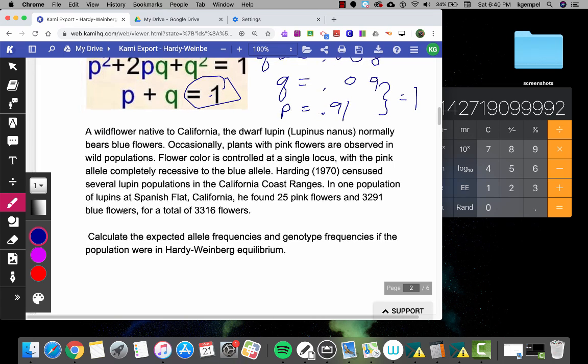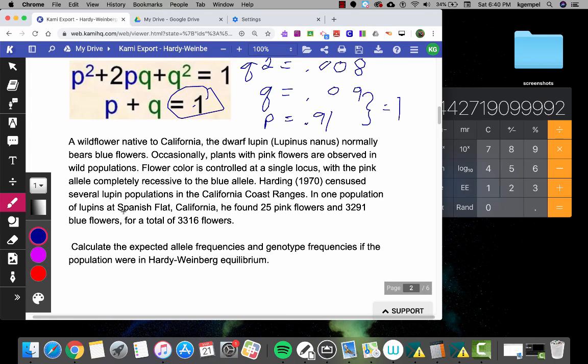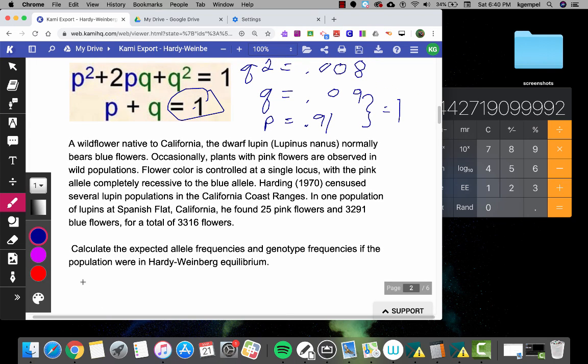So what I have here is, I want to make sure I have space. P squared, so I'm going to go with 0.91 squared, that's P squared, plus 2 times 0.91 times 0.09 for PQ, plus, I already know this value, Q squared, to be 0.008.